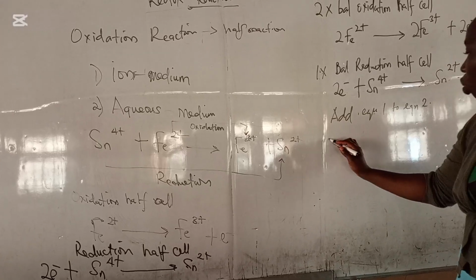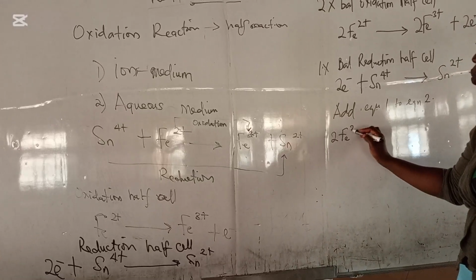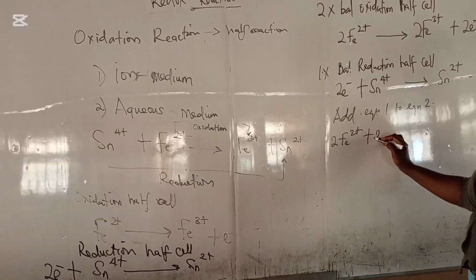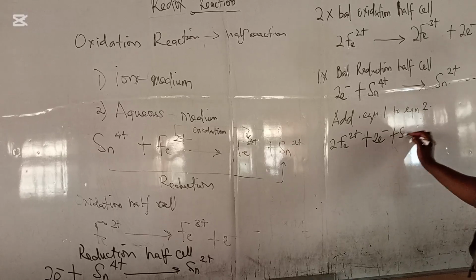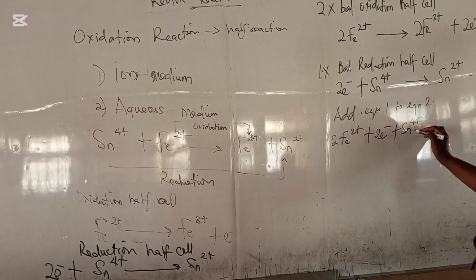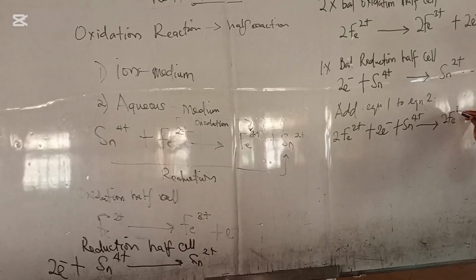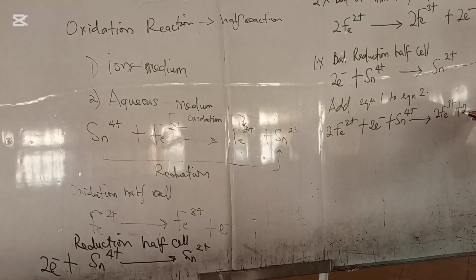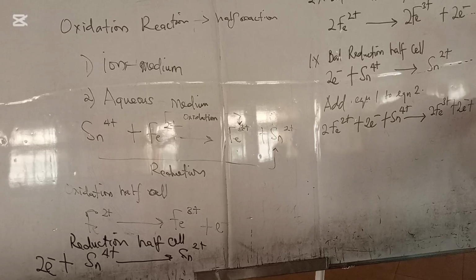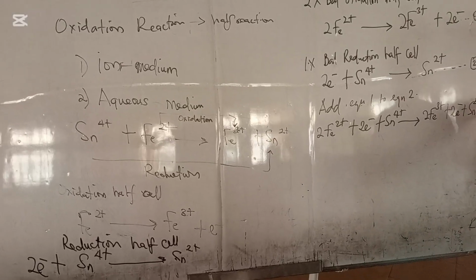So it becomes 2Fe2+ plus 2e- plus Sn4+. Then product to product, it becomes 2Fe3+ plus 2e- plus Sn2+.